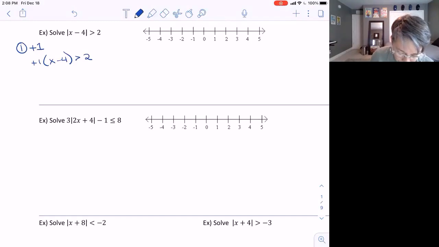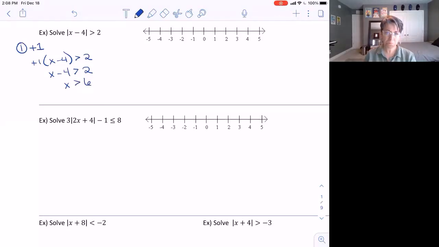When we solve for that, we distribute the positive, nothing changes on the left. We can add 4 to both sides, which doesn't change our inequality, and we get x is greater than 6.